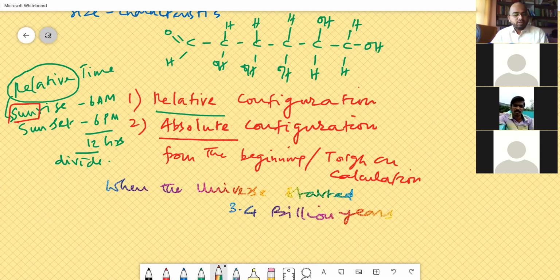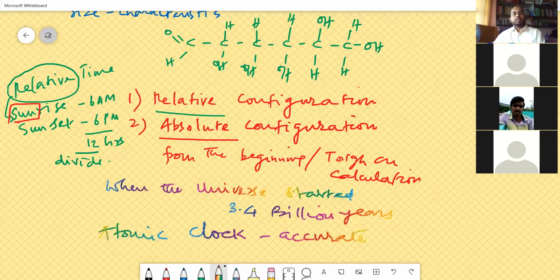Or you can look at the atomic clock. It's very accurate. If it is very accurate, you can measure from that. So you will call it absolute. Absolute means there is no change at all. 10 means 10. Relative means you can change it related to your things.